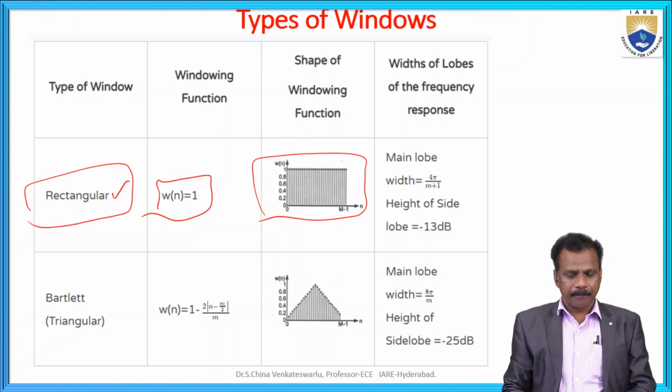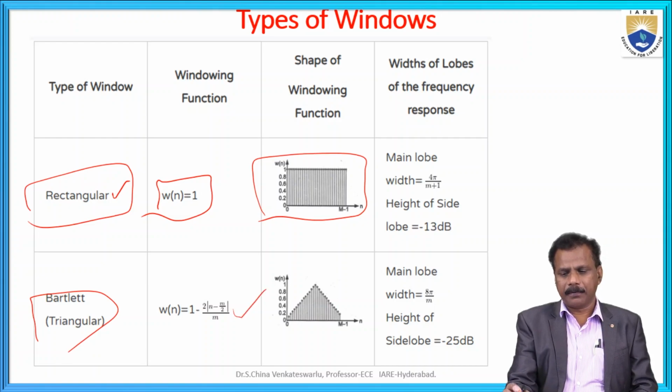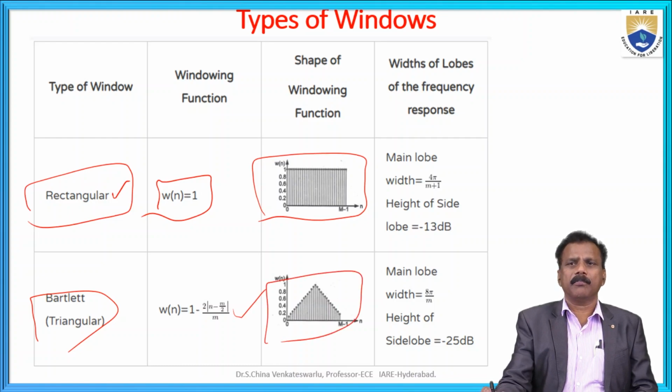Coming to the Bartlett triangular window, this is the windowing function, this is the shape of the windowing function, and the main lobe width is 8 pi by M. But for the rectangular window, the main lobe width is 4 pi by M plus 1.